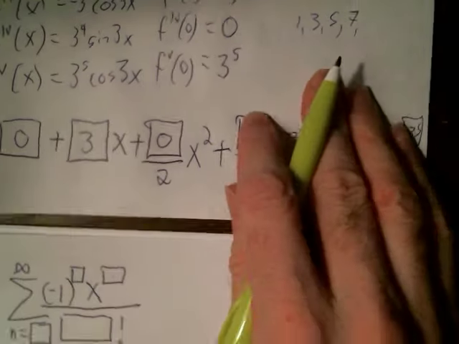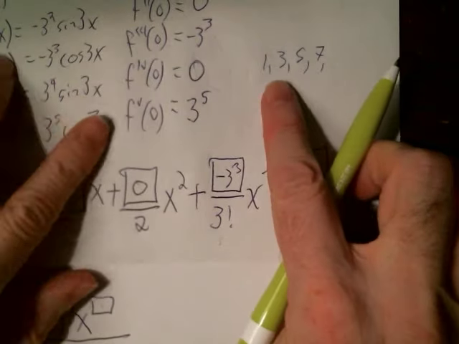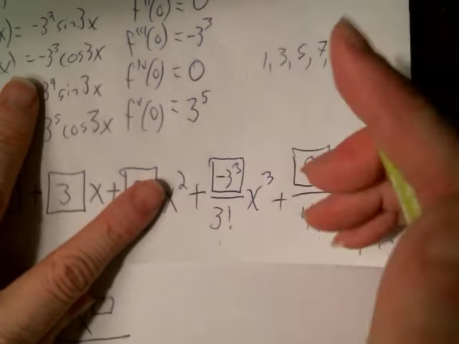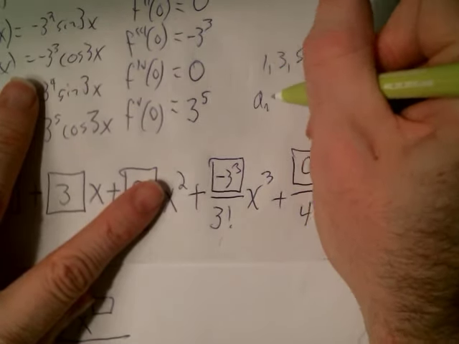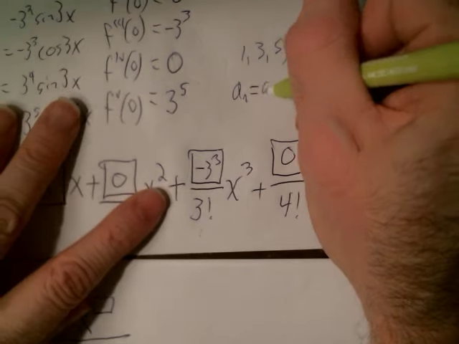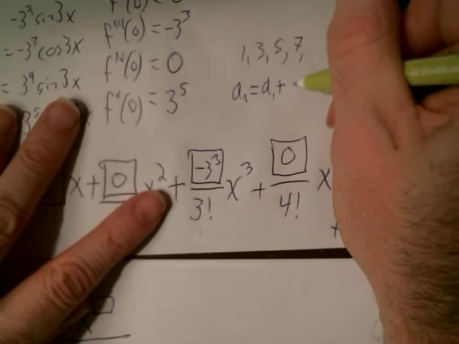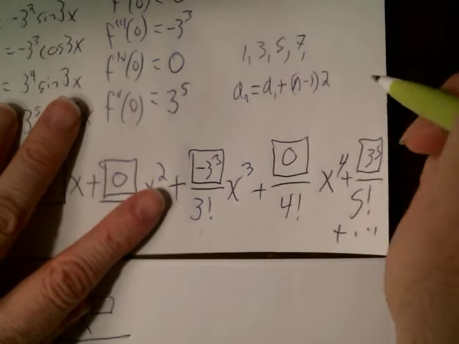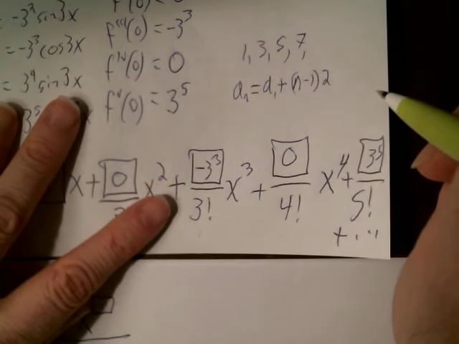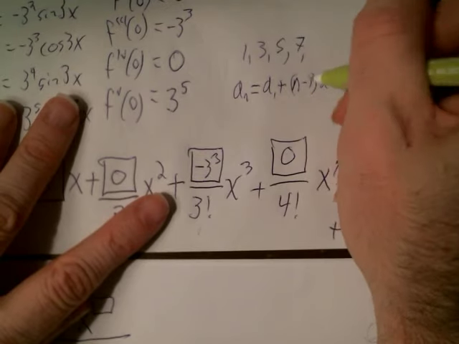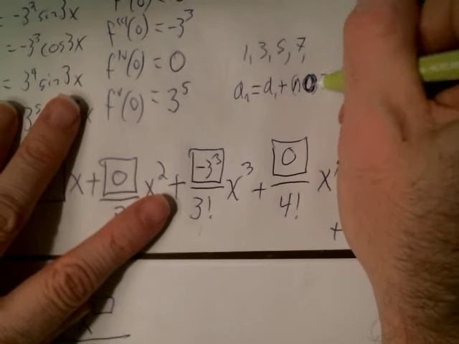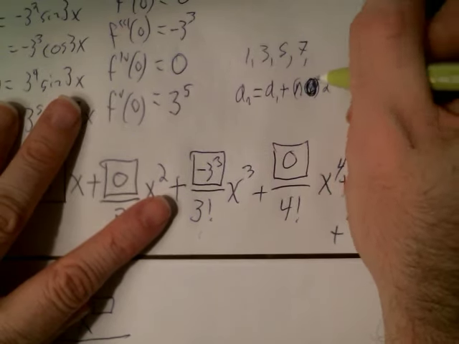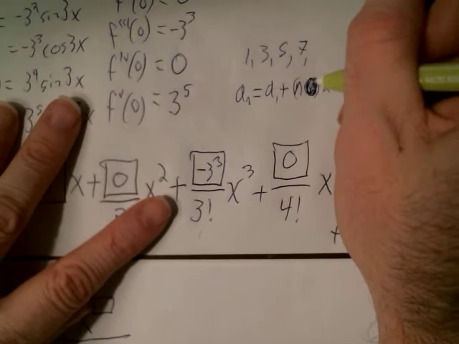So if you pick your formula for this, and this is an arithmetic sequence, so the formula a sub n should be a sub 1 plus, depending on where you start, n minus 1 times the difference between these two, so 2. Or if you would rather just start at 1 as opposed to 0, you could put n in there. So it would be, no, that won't work, right?